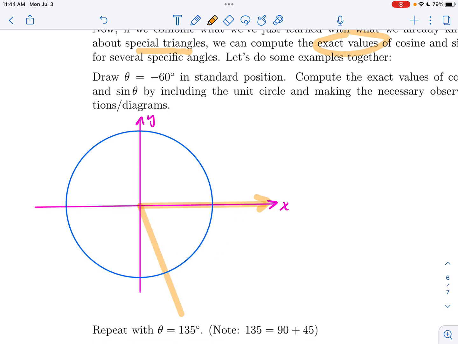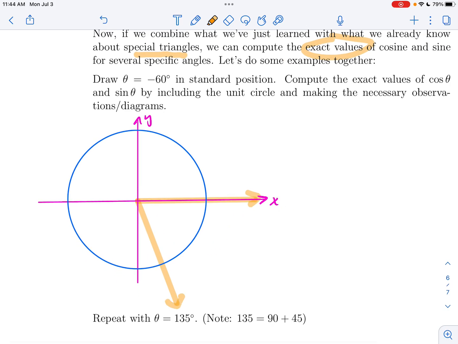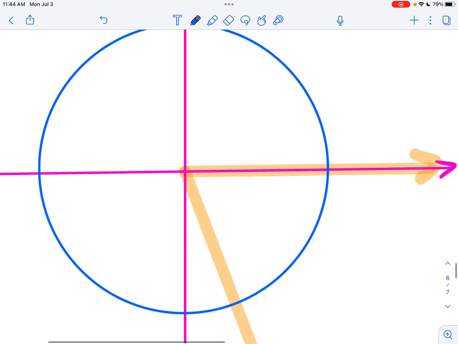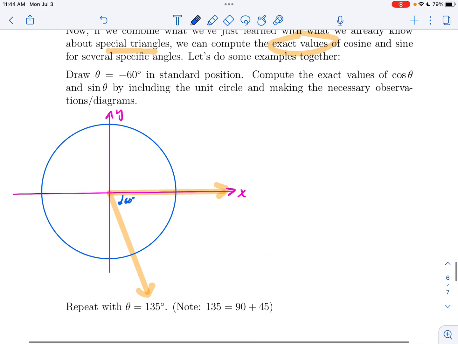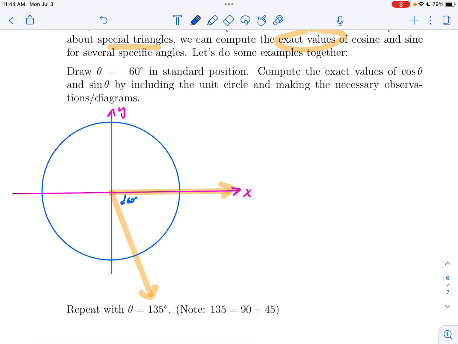We're going 60 degrees in the negative or clockwise orientation. So what I want to do is actually figure out what are cosine and sine. When I have a specific value, I would write cosine of -60 degrees. We're going to figure out what that is. And sine of -60 degrees. When you have a specific value, you don't really need to use theta.